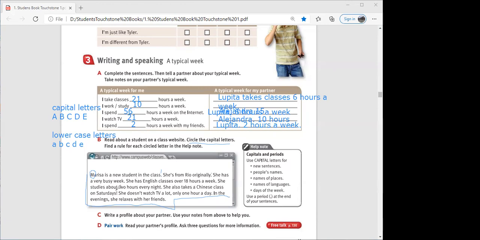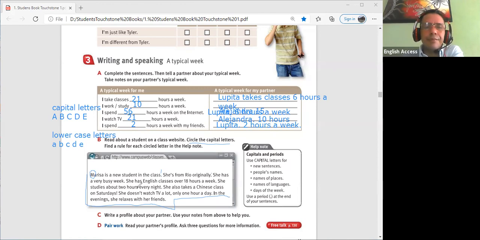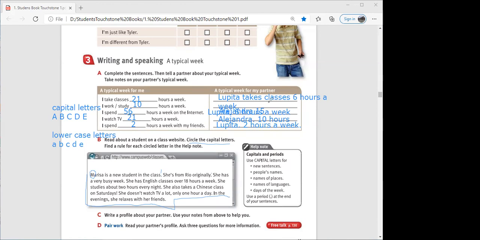She has a very busy week. She has English class over 18 hours a week. Okay, classes. Yes, plural. ¿Qué número es este? 18. No, pues sí, 18, ¿verdad? 18 hours a week.